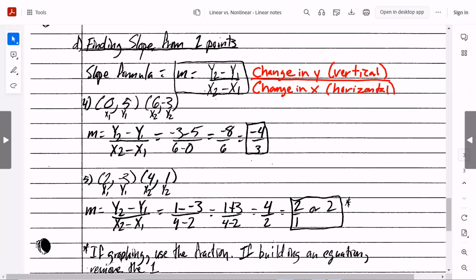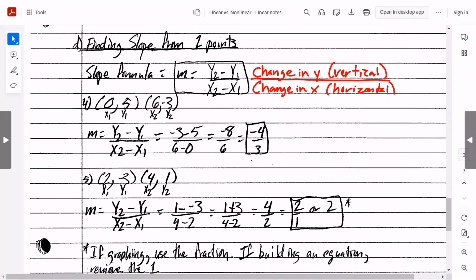All right? It's always going to be your vertical over your horizontal. That's why whenever you are reading a graph, you find your vertical movement first, because that's always in the top of the slope. Okay? So we've got 2 points here, 0, 5, and 6, negative 3.